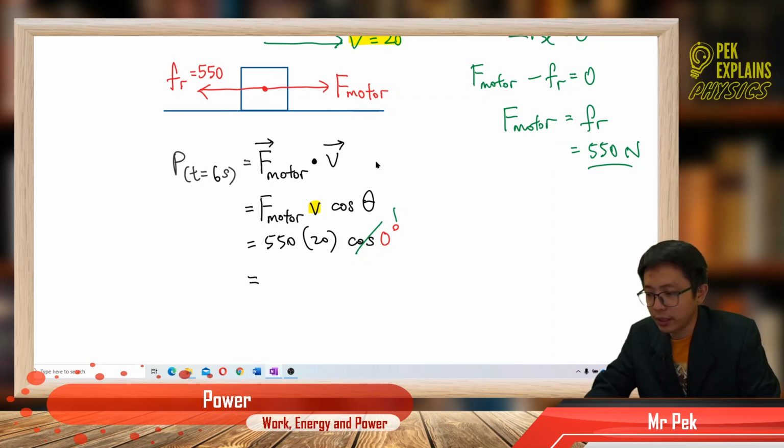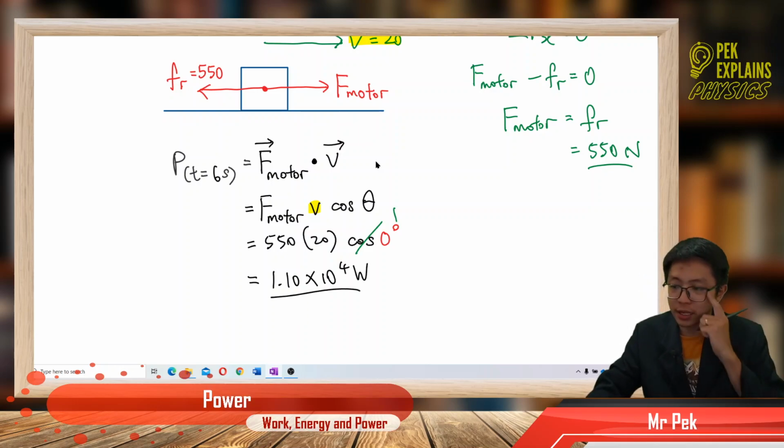And finally, our answer is 1.10 exponent 4 watt. That's our power at 6 seconds.